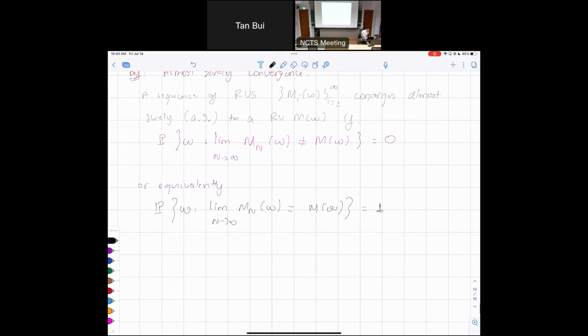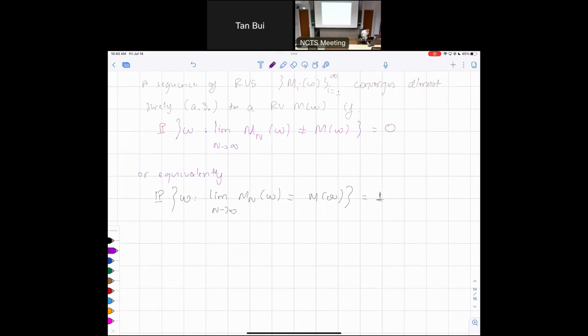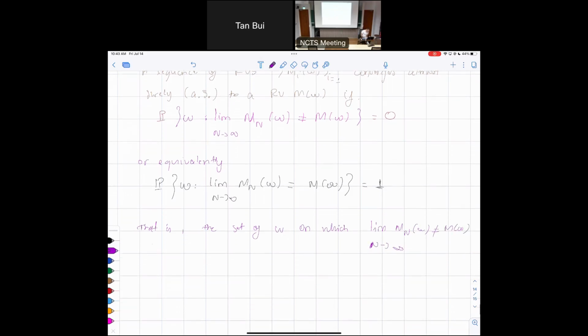So that's why almost sure convergence and convergence with probability 1 are the same. Let me write this out in words. This is to say that the set of omega on which the limit of our sequence is different than our target function has 0 probability measure.